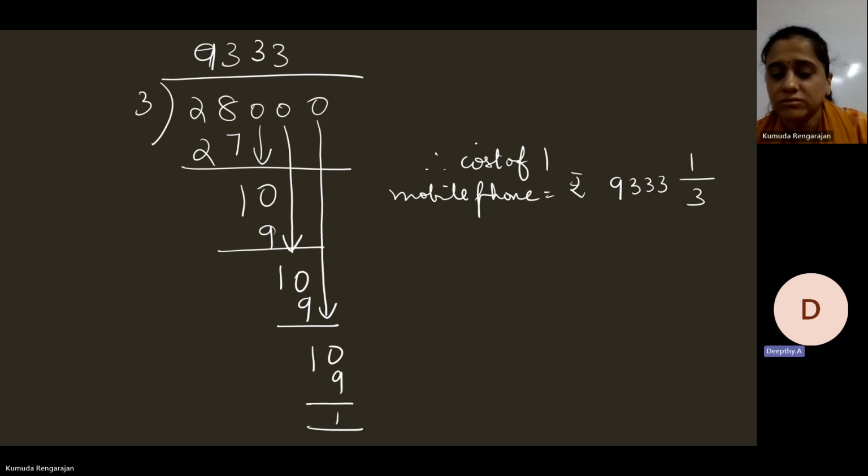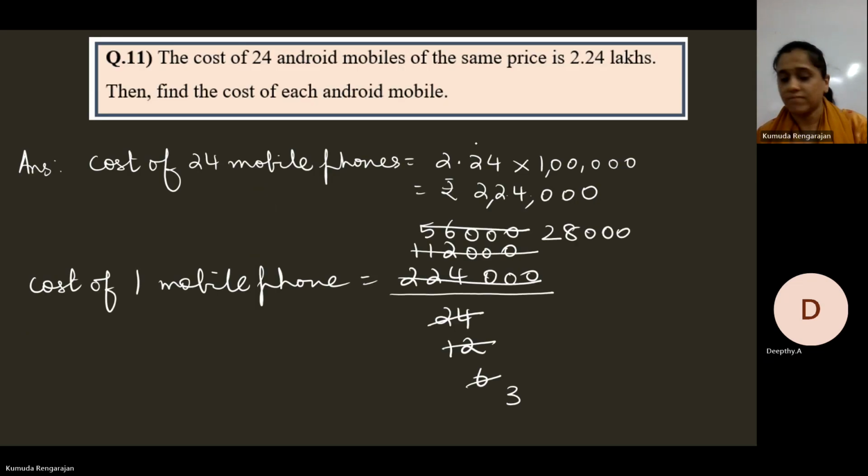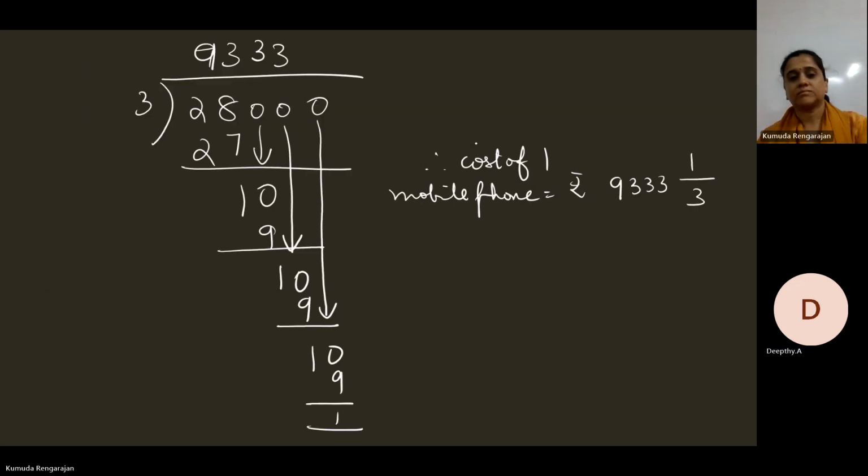Can you go to the previous slide for a minute? Mixed fraction is 9,333.